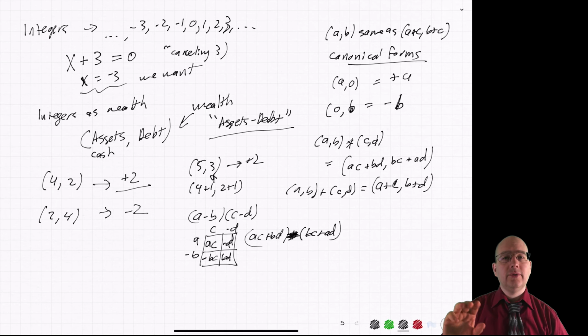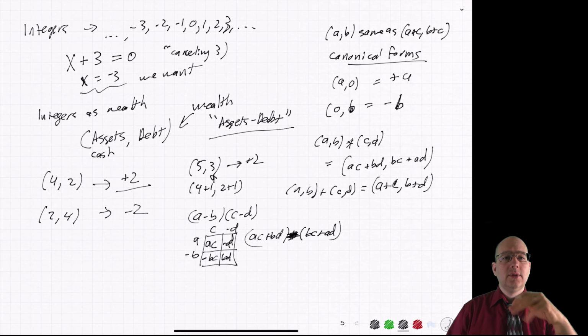You can also think of minus 5 times 3 as removing the cash 5 times.